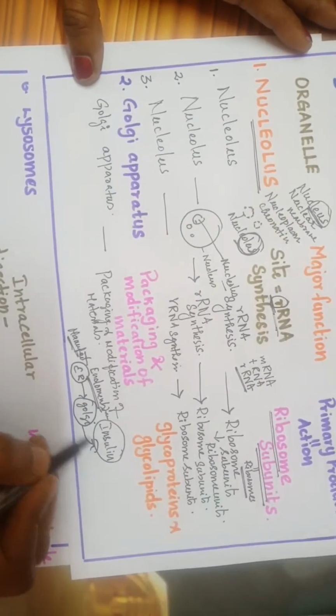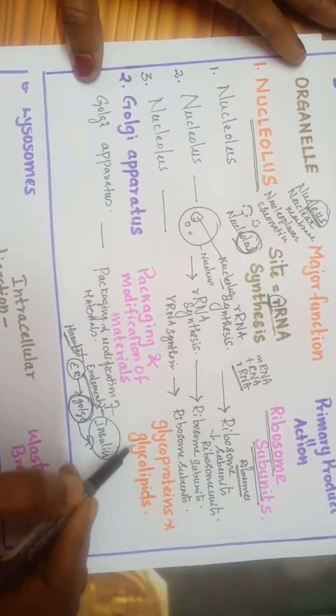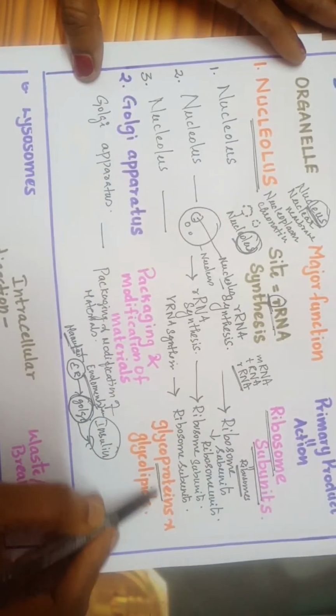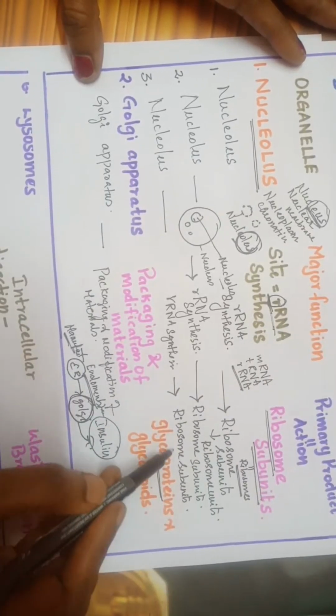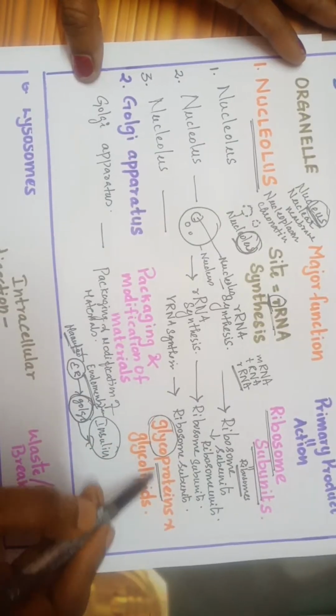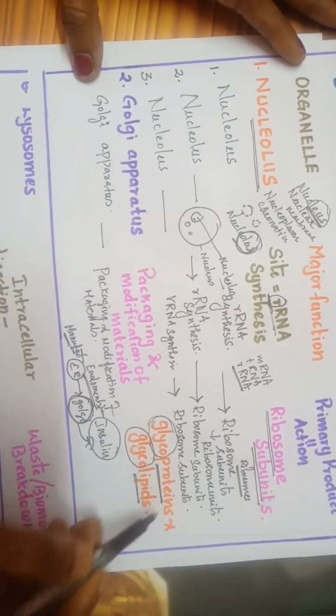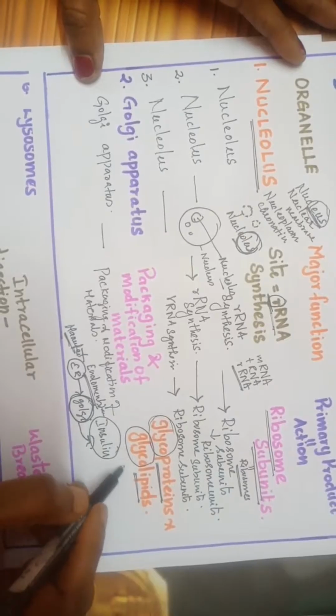So that modification is carried out by means of Golgi apparatus. See, what is the product? Glycoproteins and glycolipids. That is, the raw proteins from endoplasmic reticulum are glycosylated. Addition of sugar group to proteins and addition of sugar group to lipids. We'll see it in detail. Okay, so shall we start writing now?